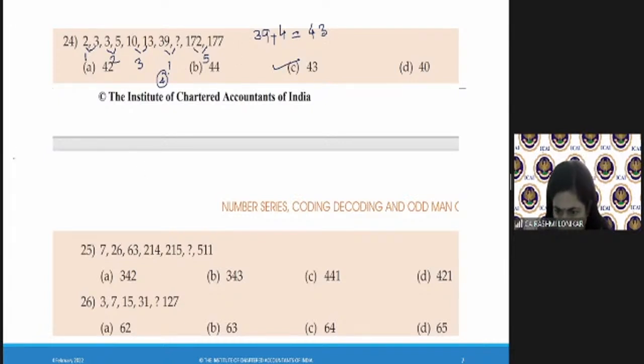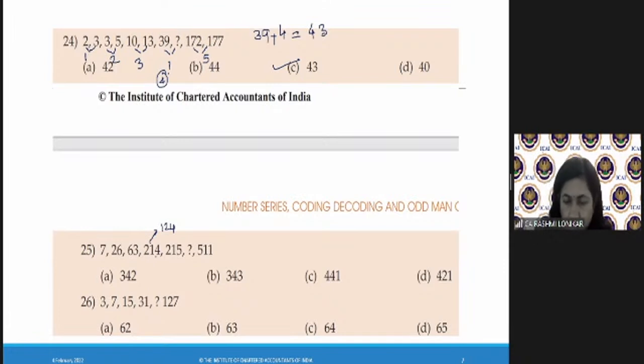Okay, here I would like to tell you that this number 214 I think is a misprint. It should be 124. Now 7, 26, 63, 124, 215, this will give me a hint if I know my squares and my cubes.